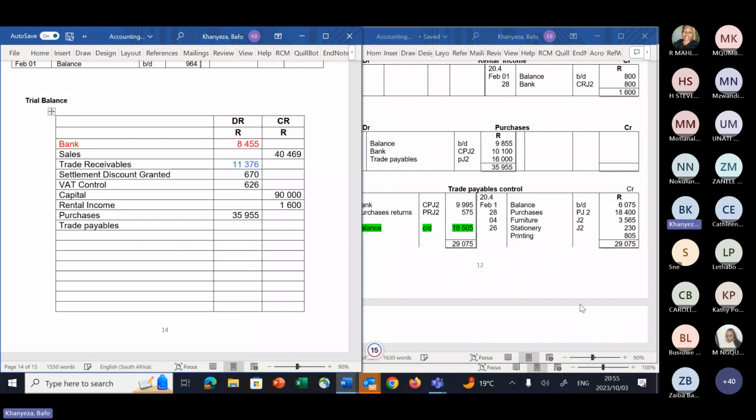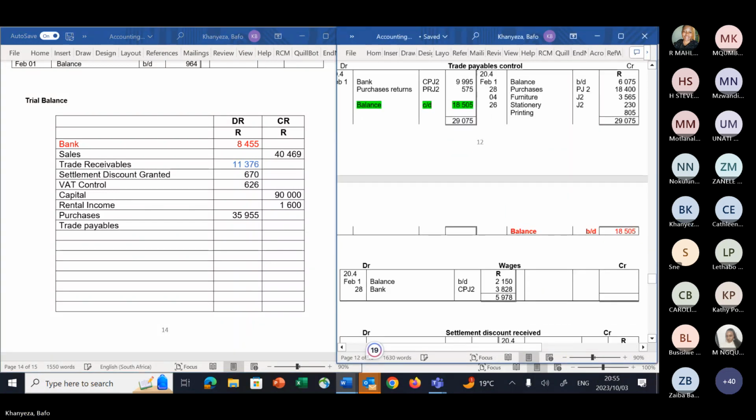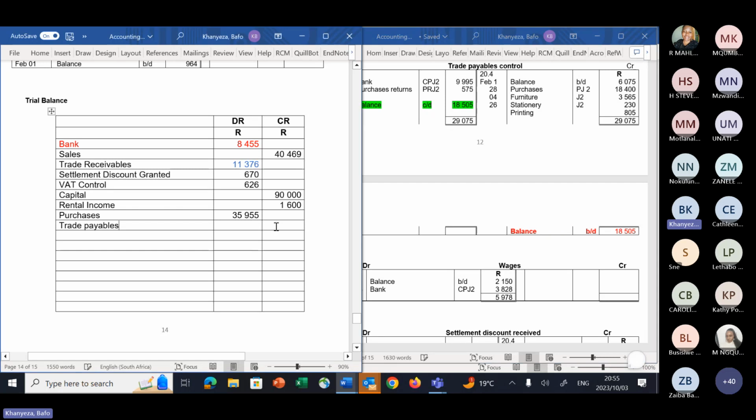How much is trade payables? It's 18505. Then we have wages, 5978.